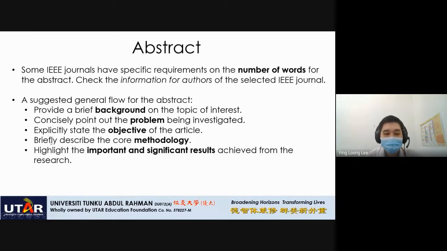And then describe the methodology, how you achieve the objective, or the technique that you propose to achieve the objective or to solve the problem. And then you should also highlight the important or significant results that you have achieved from this work. Okay, and the abstract is recommended to be in this flow: background, then problem, objective, methodology, and then highlight your results. Okay, so an example is in the next slide.